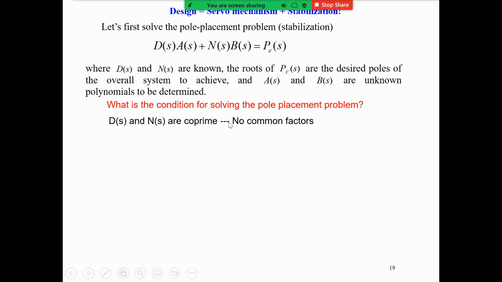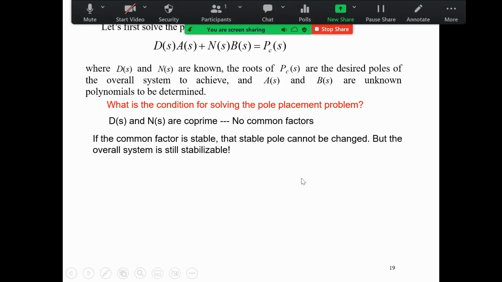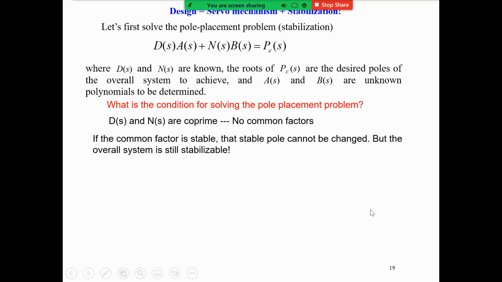That's why we have this condition. If the common factor is stable, the stable factor will not have a negative impact. But if the common factor is unstable, we cannot stabilize the system.